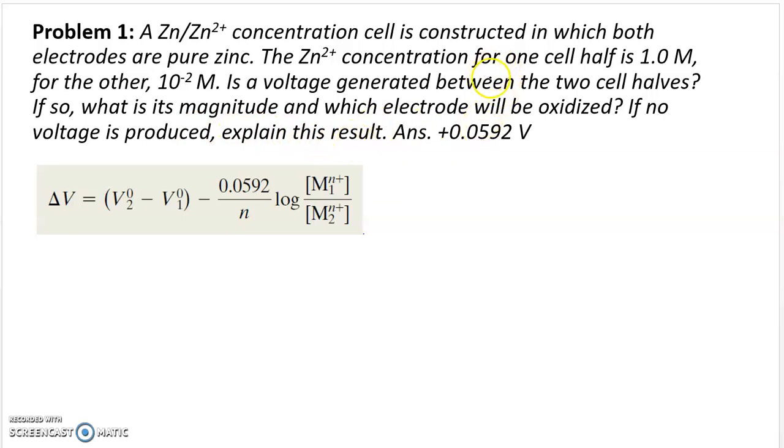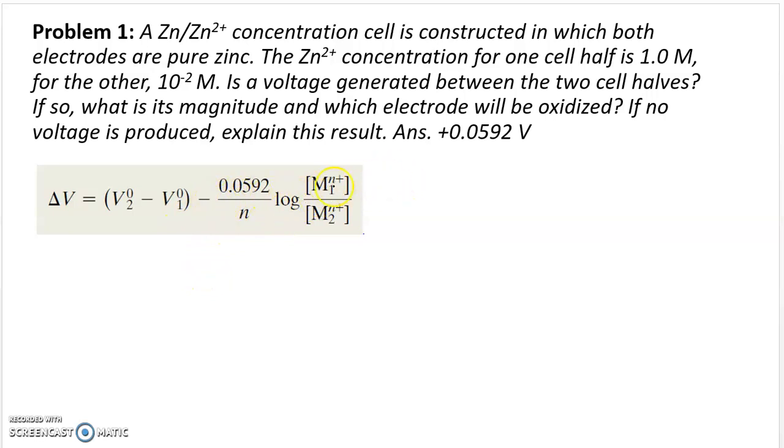So the voltage will be produced because zinc is a metal which can act as an anode, and it can easily oxidize. So we have this formula.